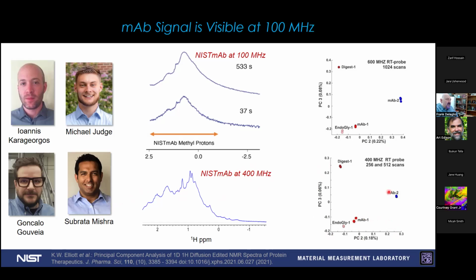And we can use them to distinguish between different monoclonal antibodies. Just 1D NMR spectra at 400 and 600. And so when I look at these 100 megahertz spectra, they are blobs, but they do have features. So I'm pretty sure in time, we're going to be able to extract information from these as well.